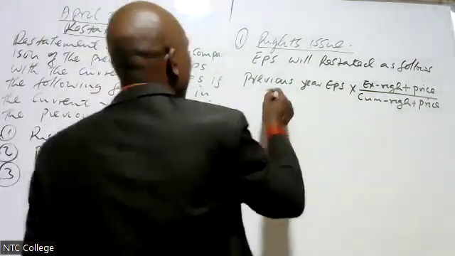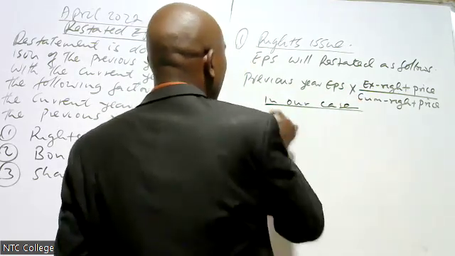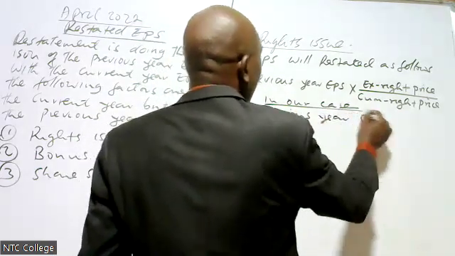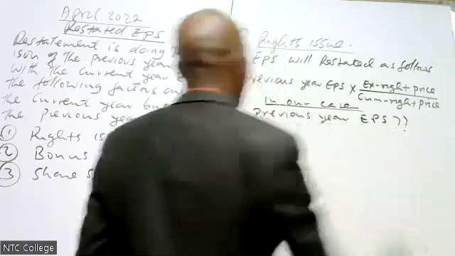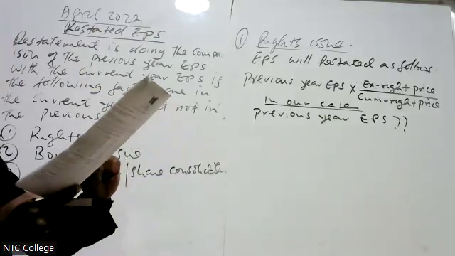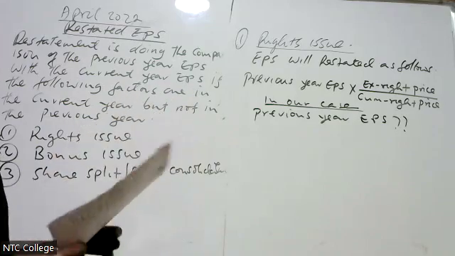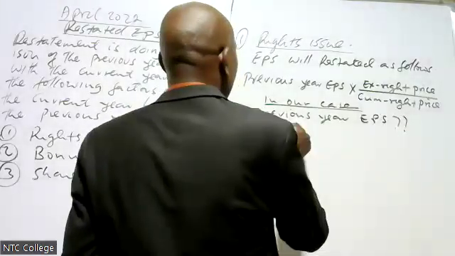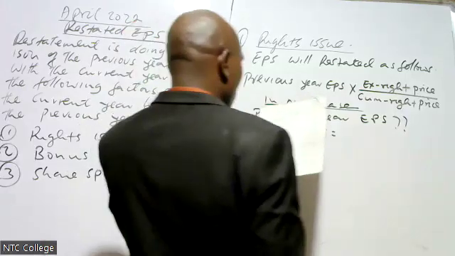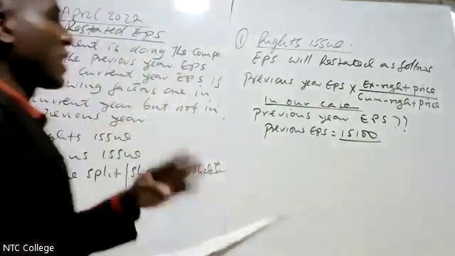Therefore, we say in our case, what is our previous year EPS? It means that we are going to recompute because examiner gave us the previous year profit. Therefore, my previous EPS equals my previous year profit, which was 15,100, divided by my previous year number of shares.